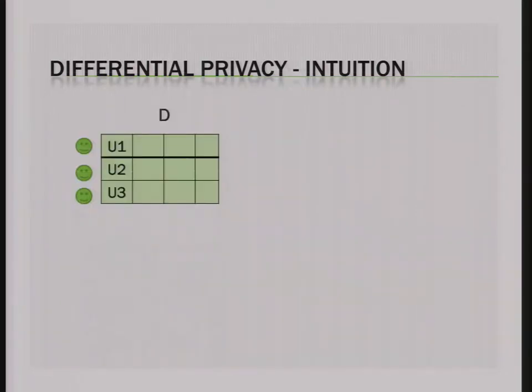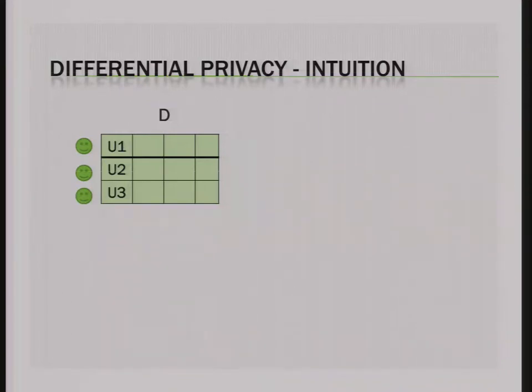Okay, let's start with a simple intuition for what differential privacy means. Let's say we have a database D, which has, in this case, 3 users, user 1, user 2, and user 3, and there is some sensitive information about these users in this database.